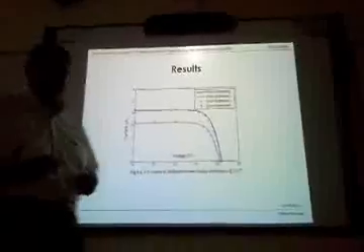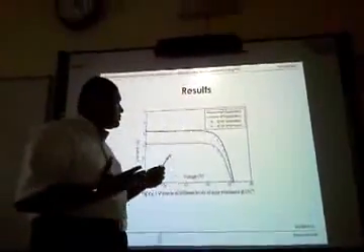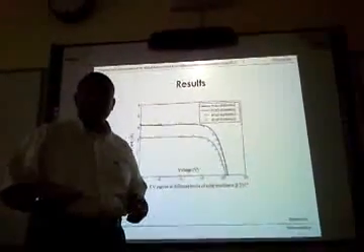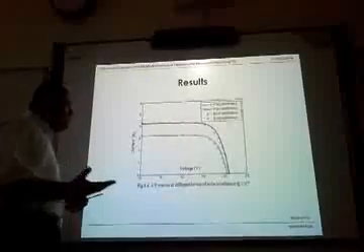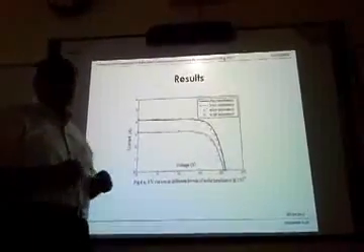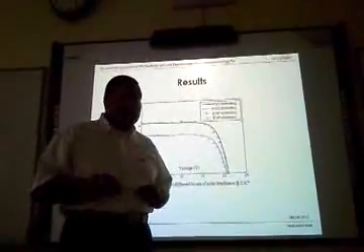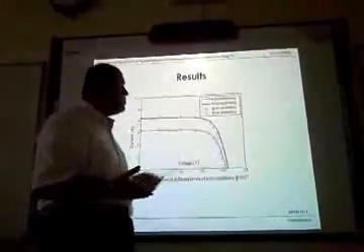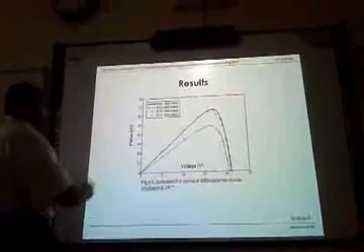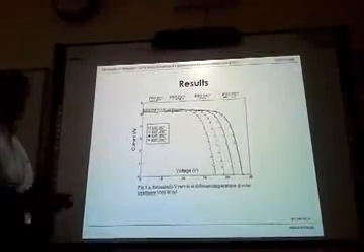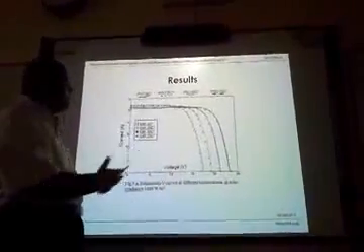Also, we have studied the system for different values of solar irradiance and for different values of temperature. We can observe that the results using the particle swarm optimization technique are in good agreement with the real data. We repeated the study again for temperature for different values.